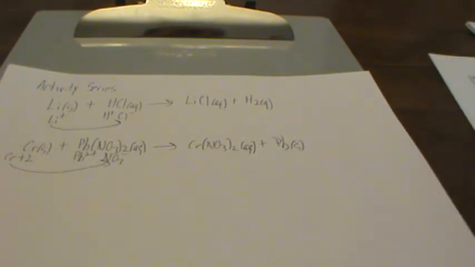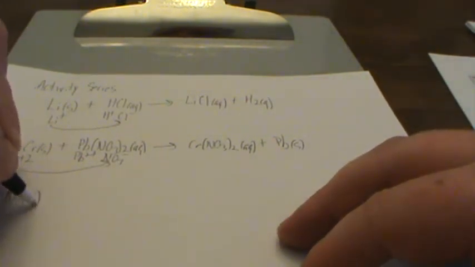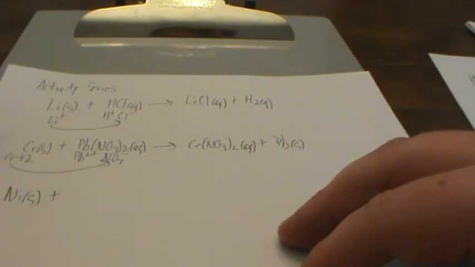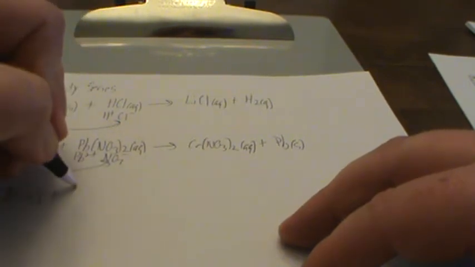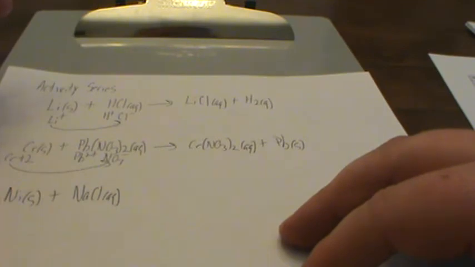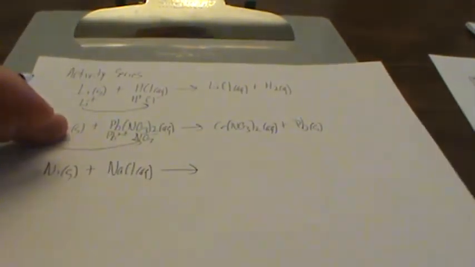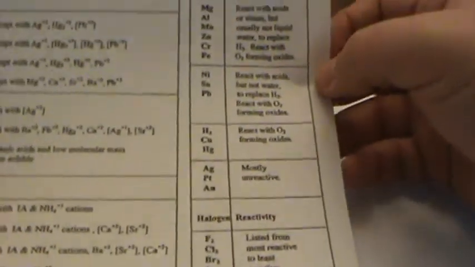Now, let's pick some other ones. Let's say we have nickel, and let's react that with sodium chloride, and this can be in the aqueous form. Okay, so now if we look back at our activity series, we have two metals once again.